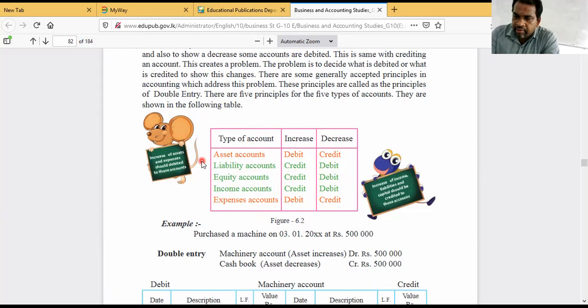If I repeat the same definition, when there is an increase in asset accounts and expense accounts, we have to debit to asset or expenses. And when there is a decrease in asset or expense accounts, we have to credit to asset or expense accounts. Then secondly, when there is an increase in liability, equity, or income accounts, we have to credit. When there is a decrease in liability, equity, and income accounts, we have to debit.